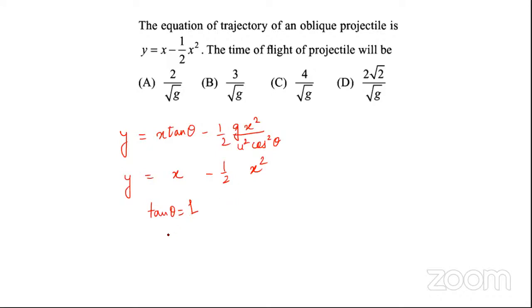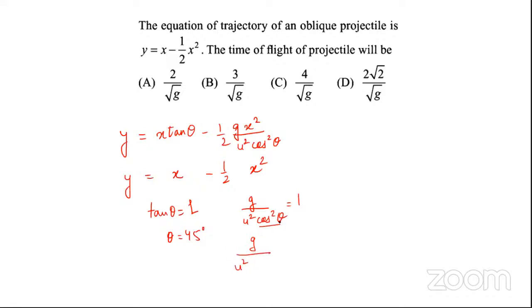1 by g. You must have done some mistake somewhere. See, tan theta equals to 1, that gives us theta equals to 45 degrees. And in the second part, we get g upon u square cos square theta equals to 1. Alright, now if we substitute theta equals to 45 over here, we get g upon u square.